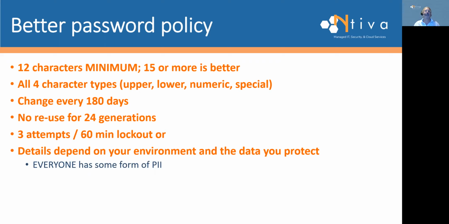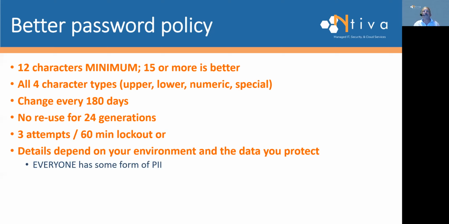On the systems that have the option to say you can't reuse your password for some number of generations, go ahead and up that. I think this is a new default in some Windows systems as well, but go to 24 generations. And if you're requiring passwords every even 90 days, nobody's going to sit there and change a password, change a password, change a password so that they can go back to their original.